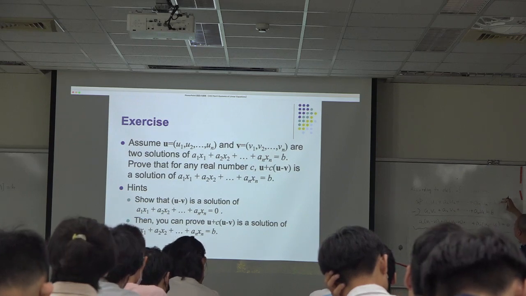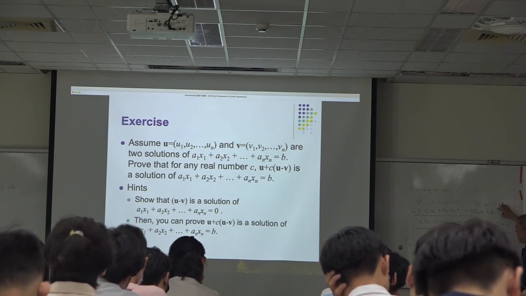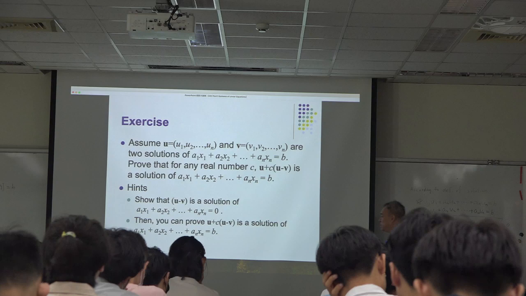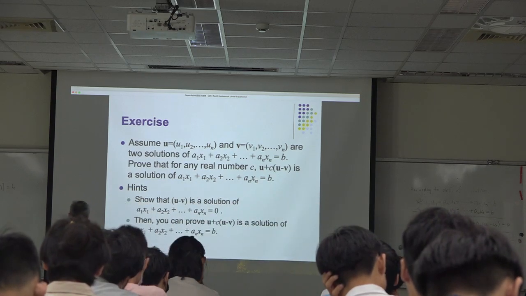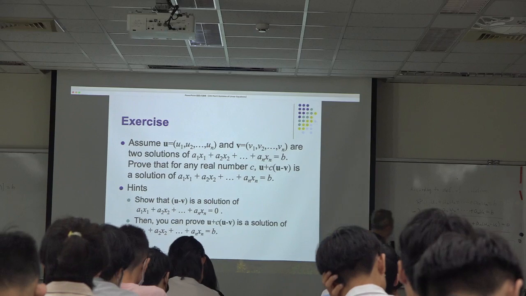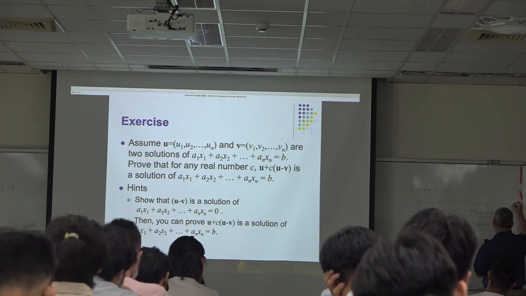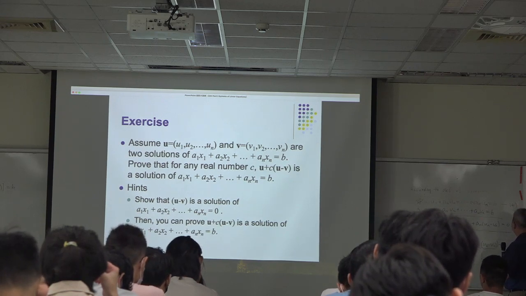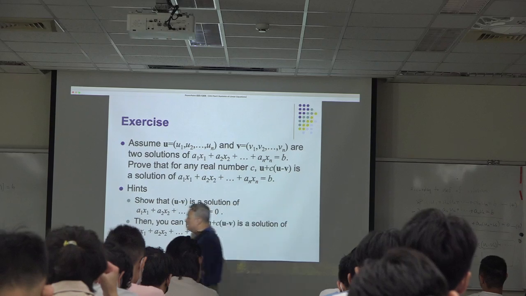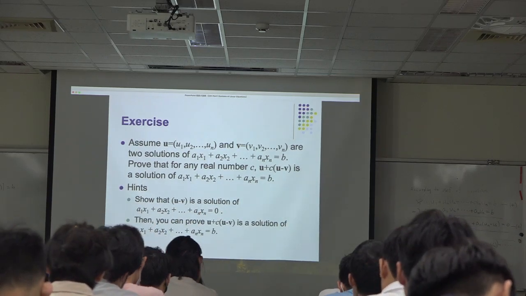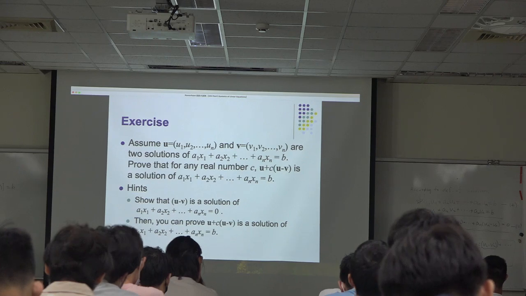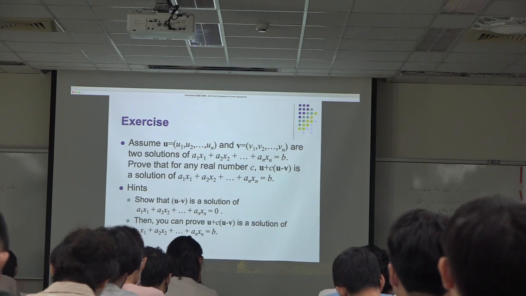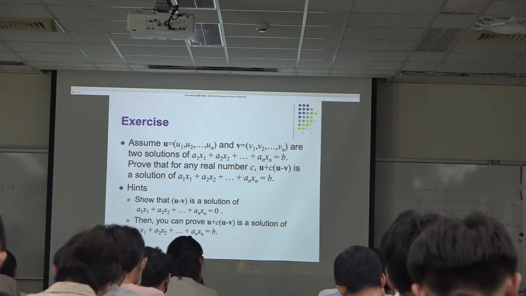And the right-hand side is B, plus C times 0, which is 0, obviously. So we have this one. If I mark this one as a star, and this one as a circle, then basically we have star plus C times circle, and we get this one, right?